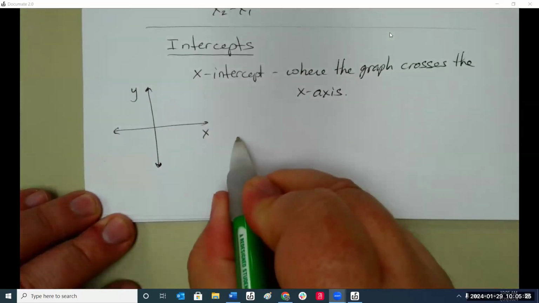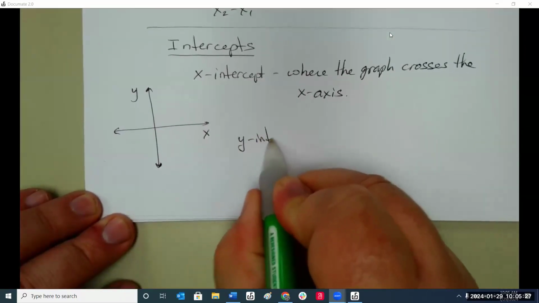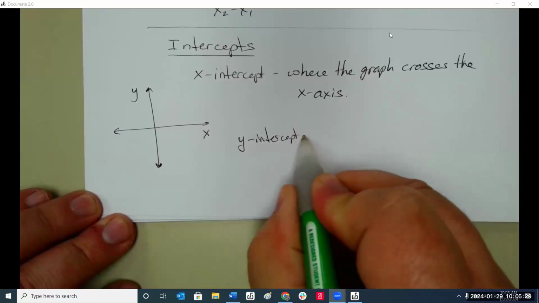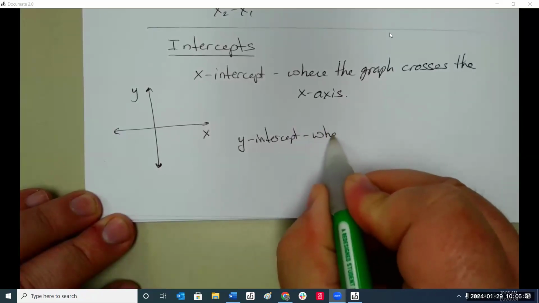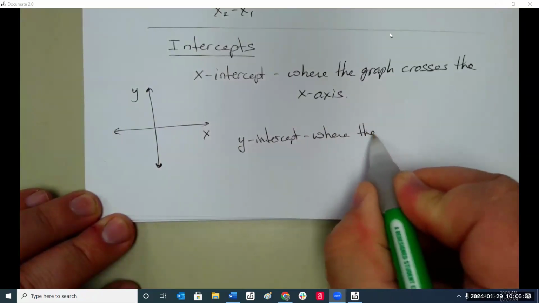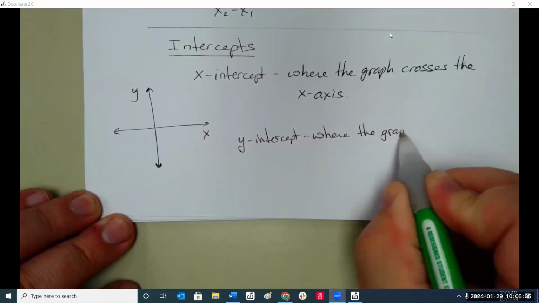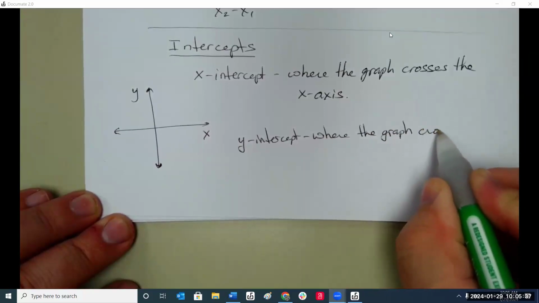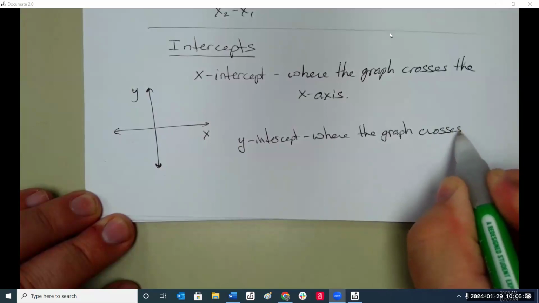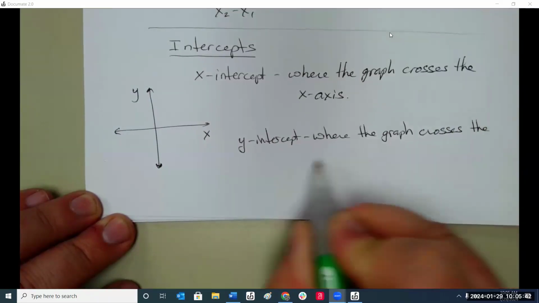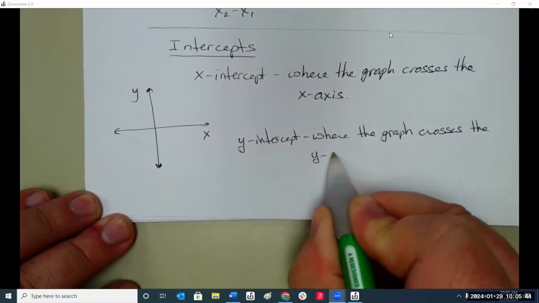And the Y intercept is where the graph crosses the Y axis.